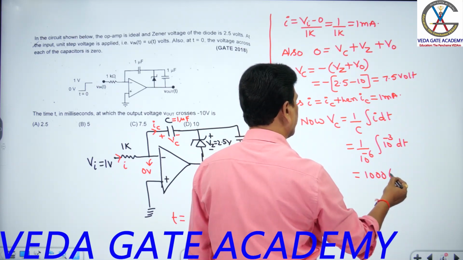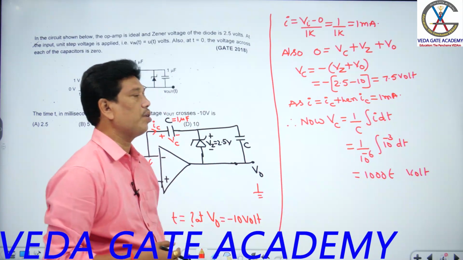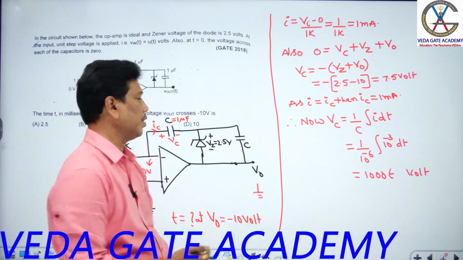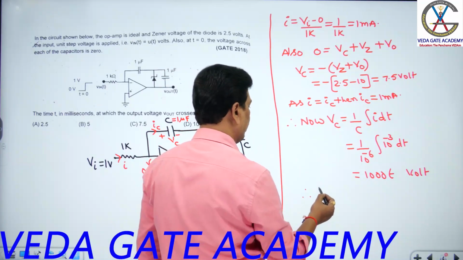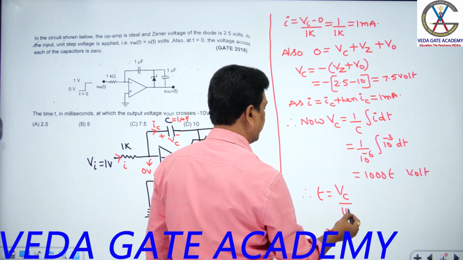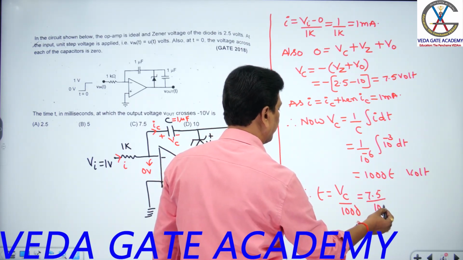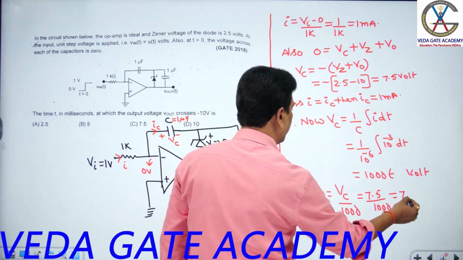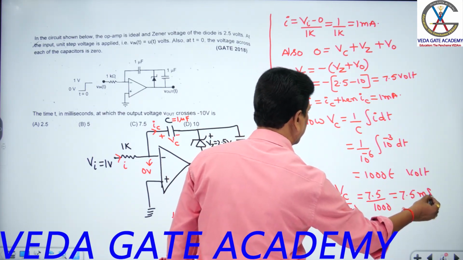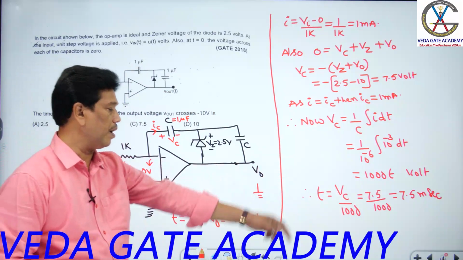Integral of dt becomes t. VC equals 1000 t volt. Already you know VC, sir. Therefore, t equals VC by 1000, that is 7.5 by 1000. That becomes 7.5 milliseconds. That becomes what, students? 7.5 milliseconds.